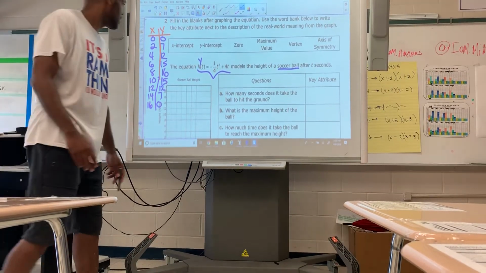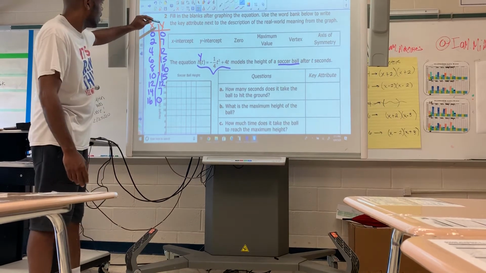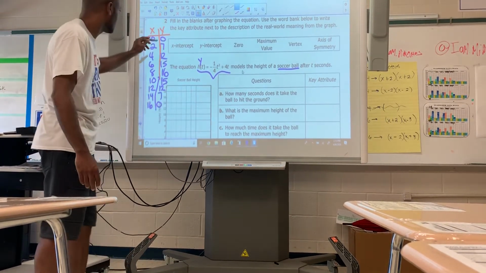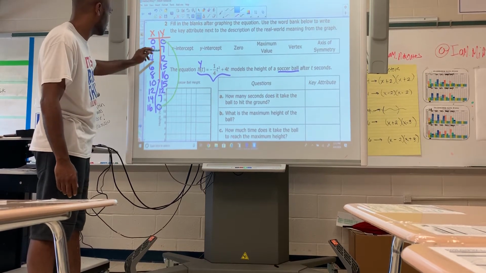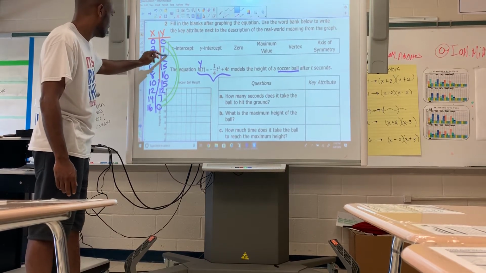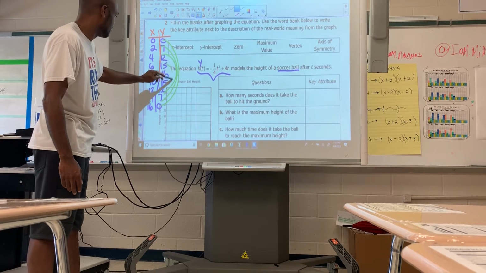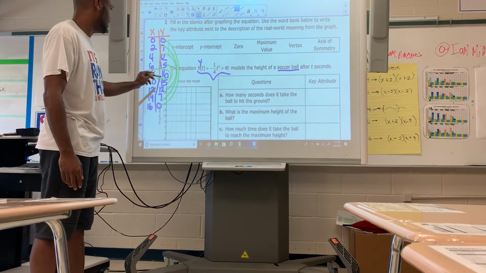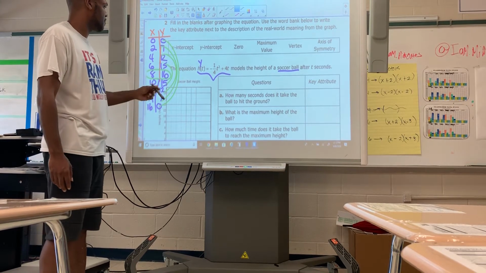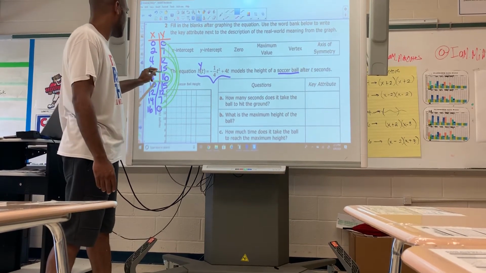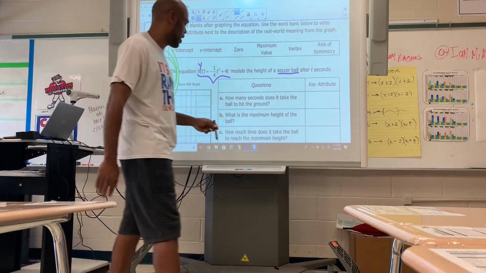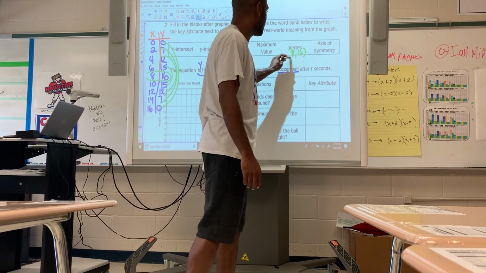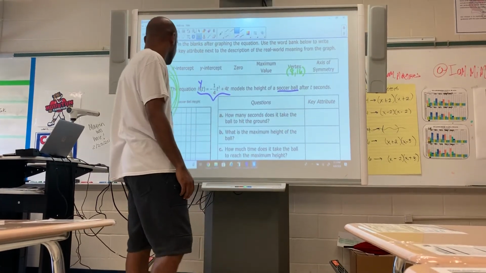Now, let's just look at this. If we're looking at our y, notice this. We have 0, 7, 12, 15. What number stands alone? The 16. So what does this tell us? This tells us that 8 and 16, that's our vertex, right?